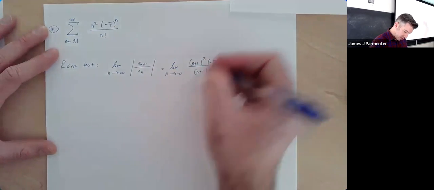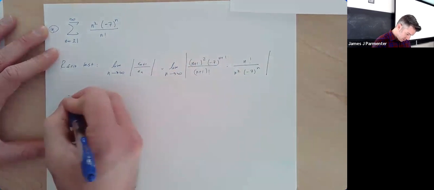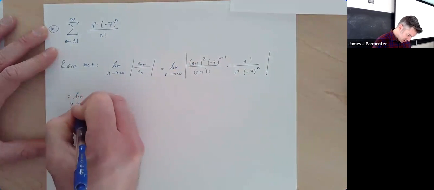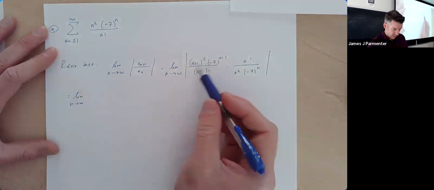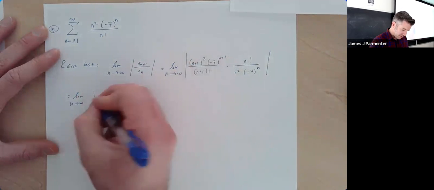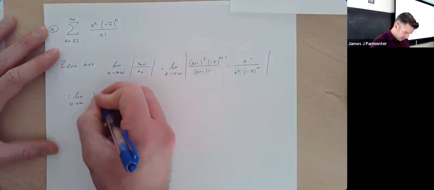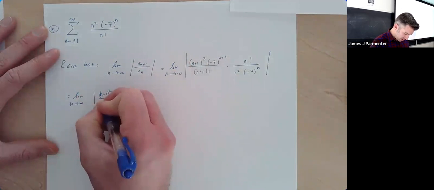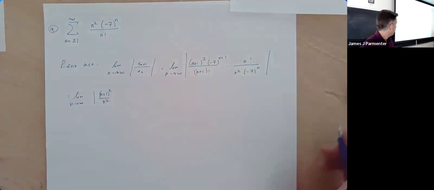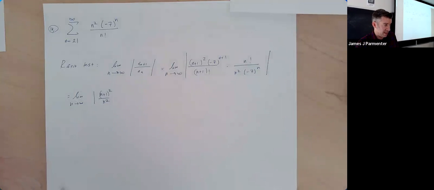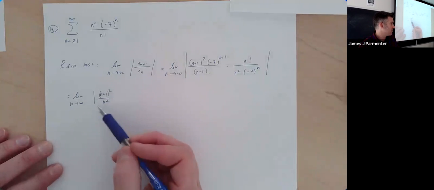Now let's group some like terms. I'm not going to put them together exactly. I'll point out we have (n+1) squared over n squared. If I took that limit, although we're not taking it yet, what would the limit of that part be?